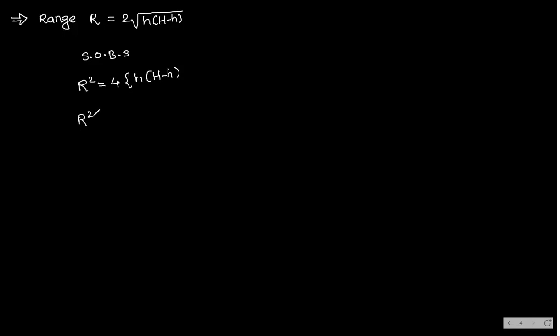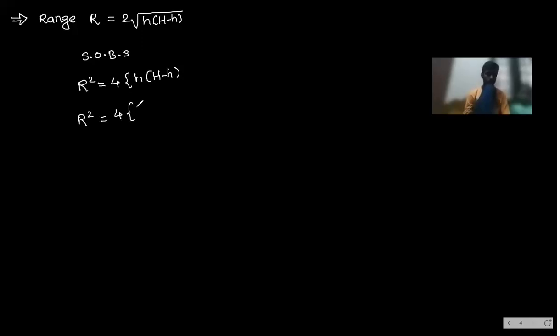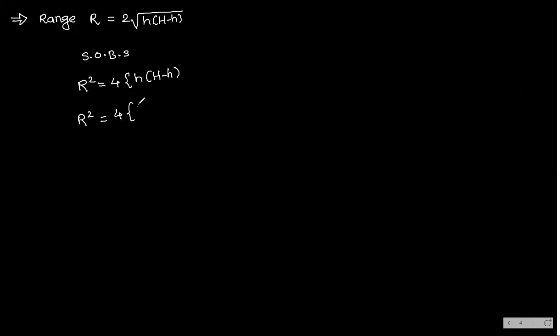Now this R square is equal to 4 into bracket h into capital H minus h square. So this will become 4 small h capital H minus 4 h square is equal to R square. Check it once. Correct? Okay.